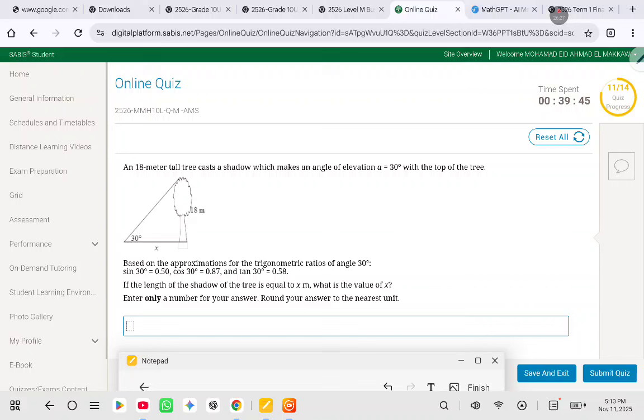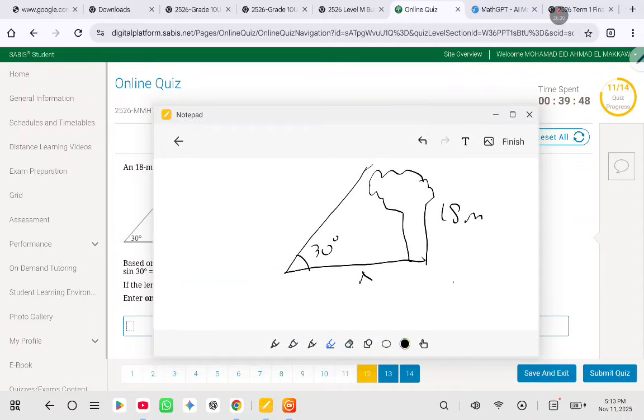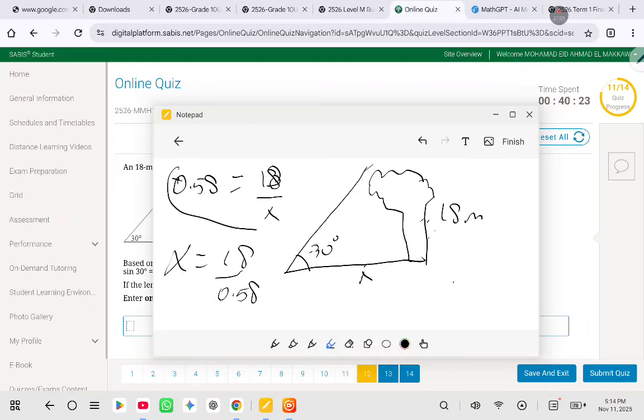Guys, they told us tan 30 is 0.58. The reason why we're doing tan is we're finding this and we have the opposite, which is 18, and we have the adjacent, which is x. So we do tan 30, which is 0.58, equals opposite, which is 18, over x, right?